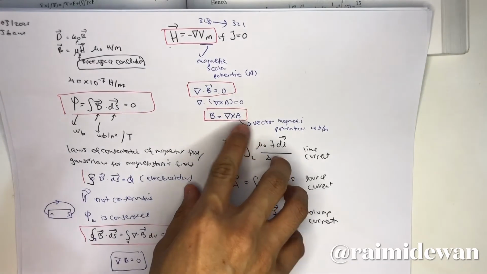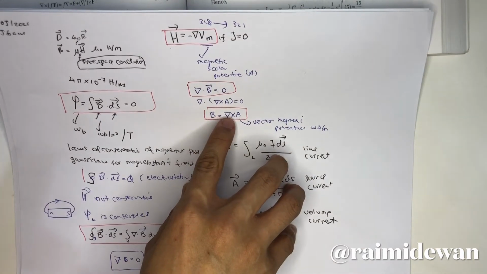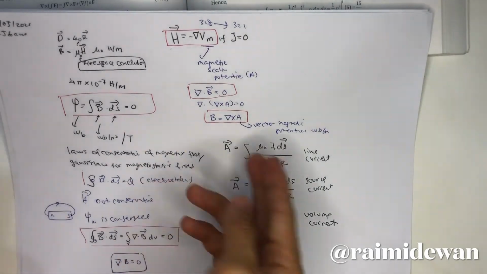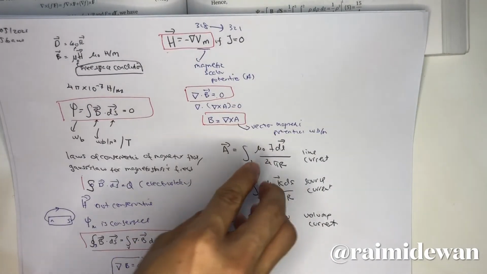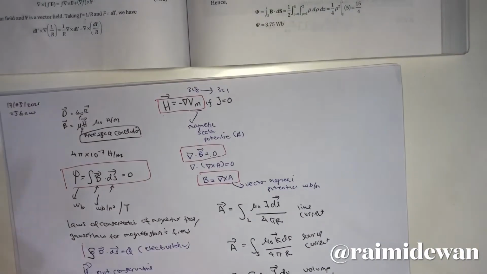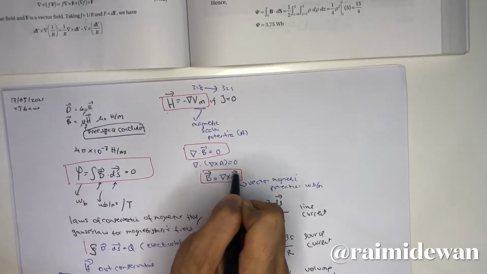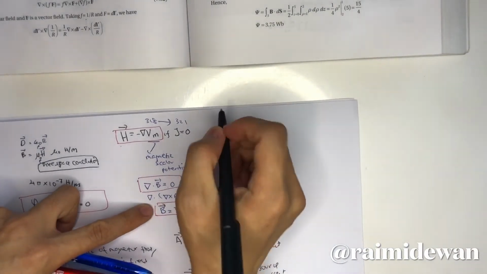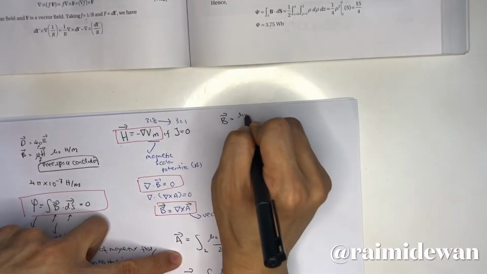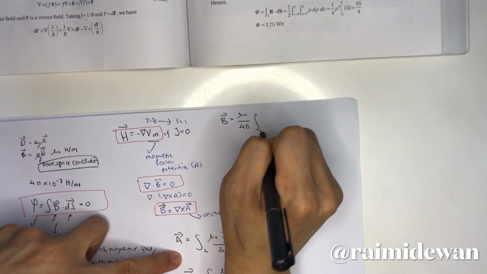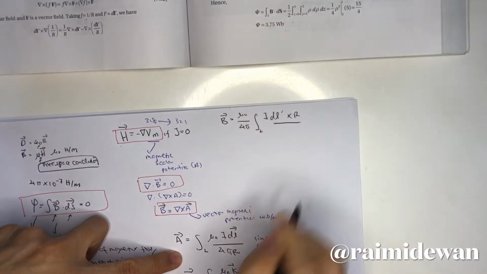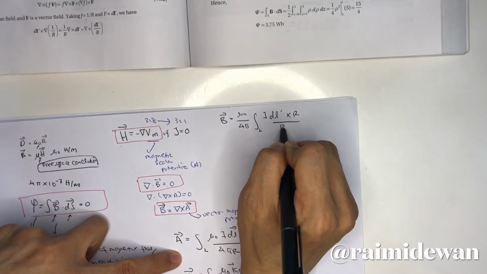You can see B is actually the curl of A, right? And you see your A has different conditions. If we extend this, for example for line current, we will have B equals mu naught over 4 pi, integral of I dl cross R over R cubed.